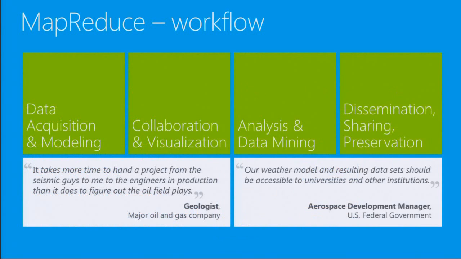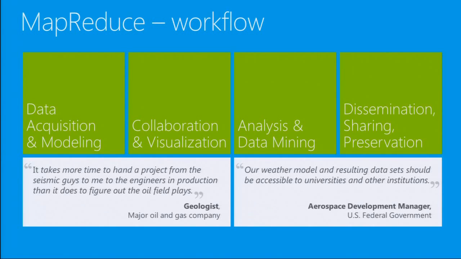These 4 steps are a very important part of the MapReduce workflow. Data acquisition and modeling, being able to get the data. Collaboration and visualization: being able to look at the data is probably the easiest way to analyze and figure out what the correlations are for your data set.